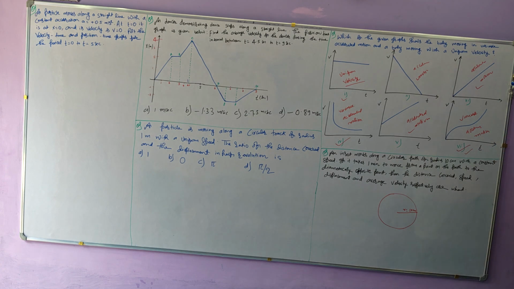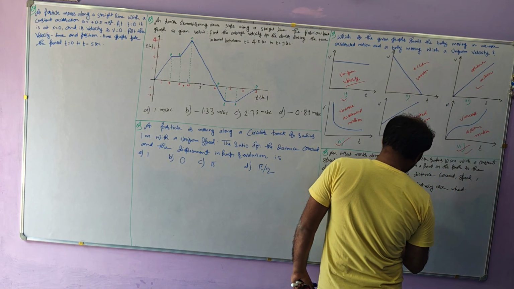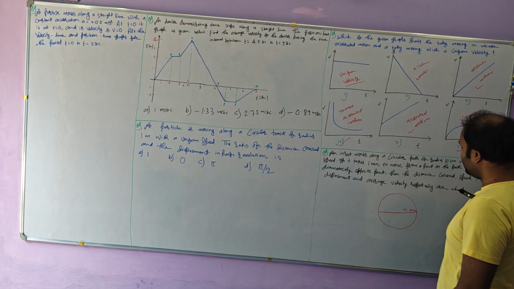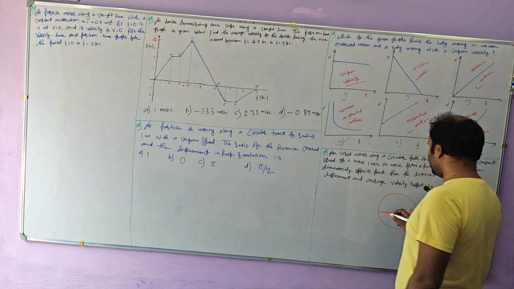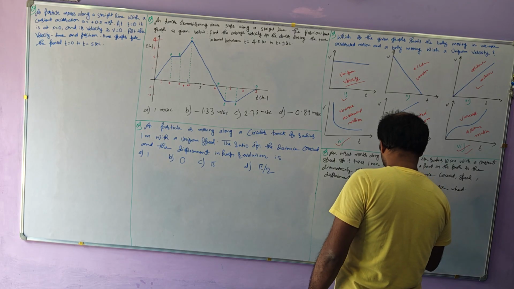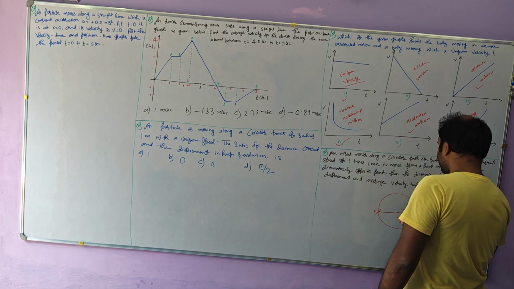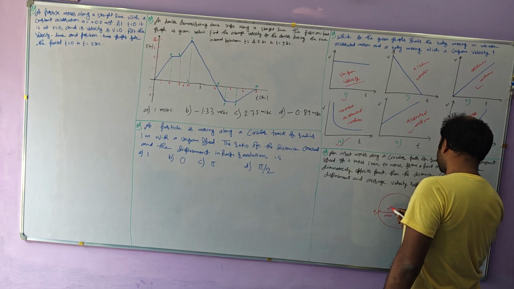If it takes 1 minute to move from a point on the path to the diametrically opposite, that means if we draw a diameter like this, the insect starts from this position A, then comes to this position B. That is also a radius of 10 centimeter.